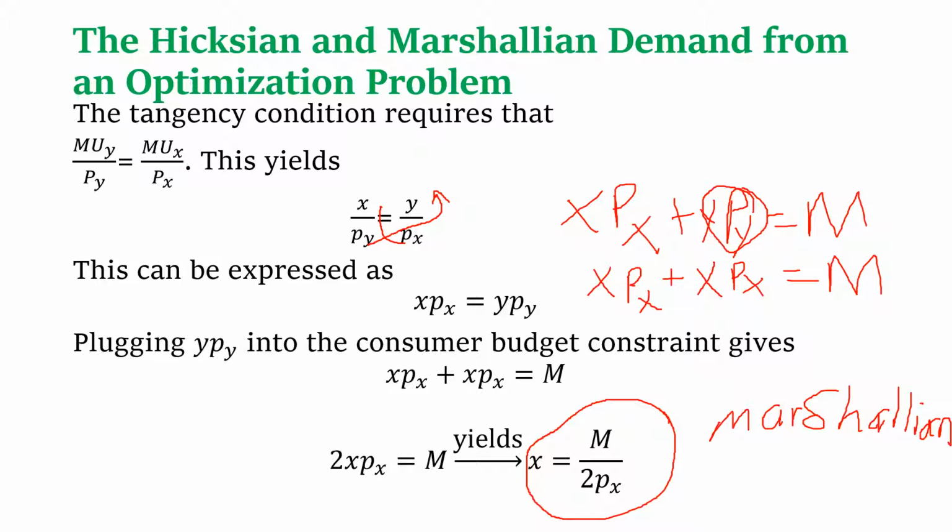If the demand for the good increases as your income increases, then that particular good is referred to as a normal good. So for normal goods, usually the demand for them increases as the consumer's income increases.